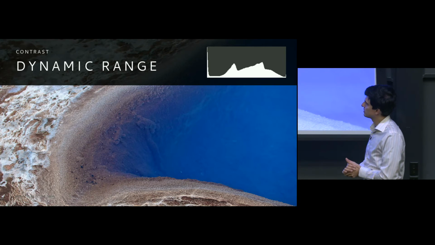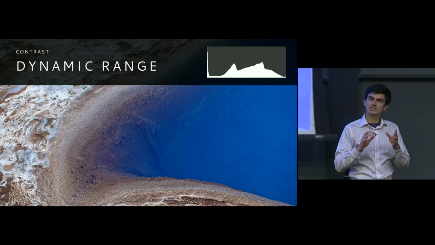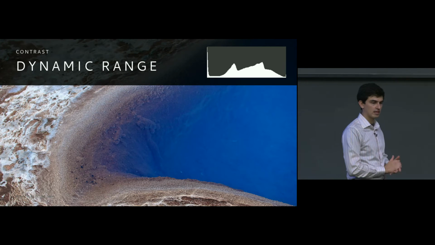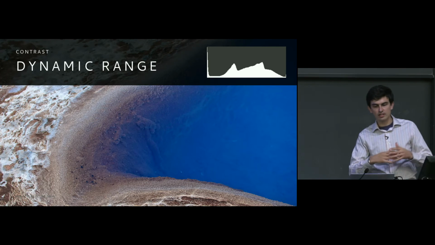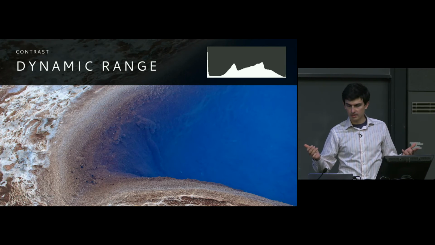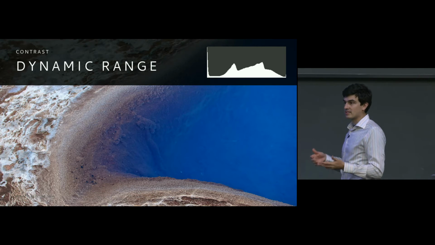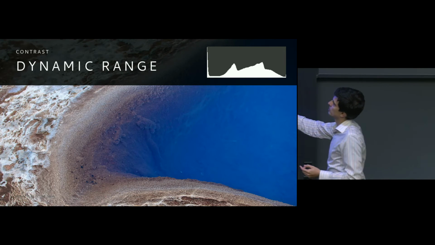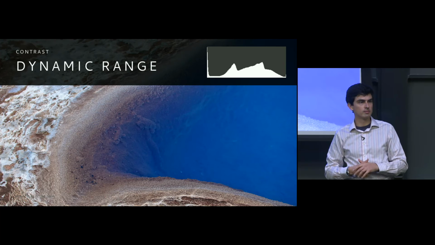But there's an important element here, which is that if I were to take this same image, and if this was a JPEG image, and I were to increase the contrast even more, what you would expect to happen will happen, which is that the darker areas will become darker, the lighter areas will become lighter.